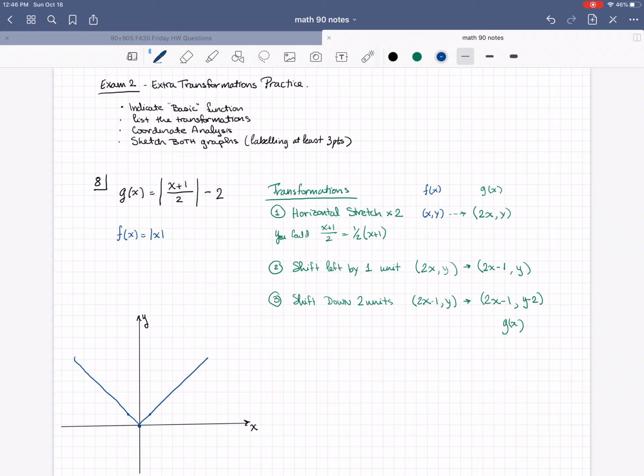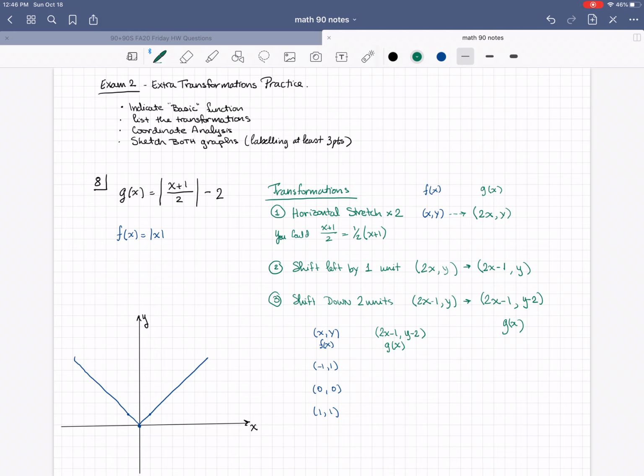Okay, time for finding the transformed points. So we have negative 1, 1, 0, 0, and 1, 1 on the graph of f. And remember, these are our x, y. And so let's figure out where these guys end up on the graph of g. So x, y ends up at 2x minus 1, y minus 2.